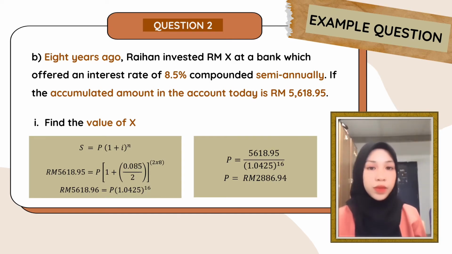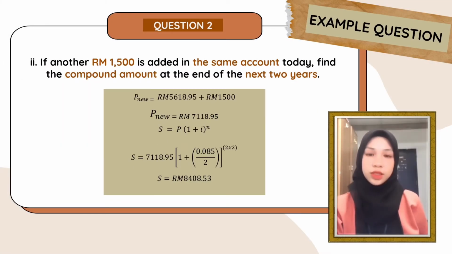Okay, to get P, we can write P equals 5,618.95 over 1.0425 power of 16. So the answer is P equals RM2,886.94. We proceed to the next question. If another RM1,500 is added in the same account today, find the compound amount at the end of the next 2 years.